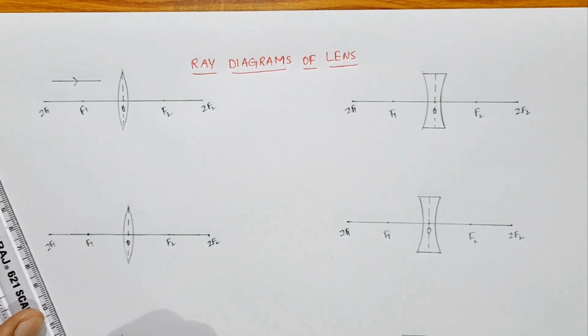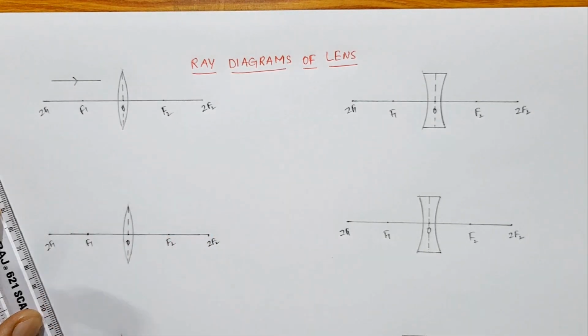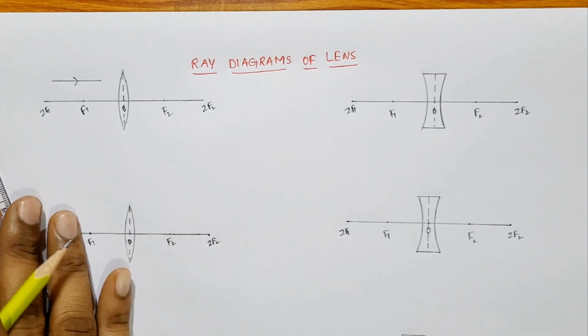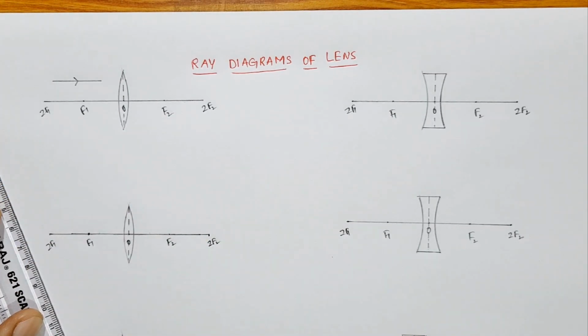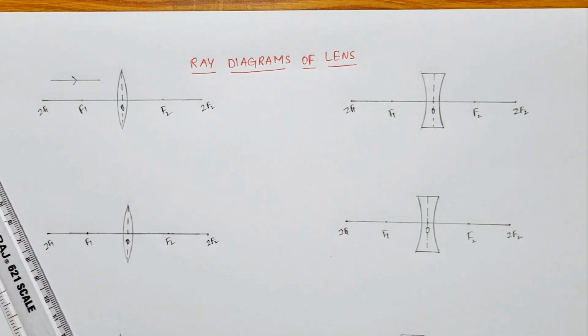When the light ray passes through the optical center of the convex lens, how will the refracted light ray pass? These 3 rules we should know in case of a convex lens and in case of a concave lens. Then only we can draw the ray diagrams perfectly. Okay, so now let us learn these rules first.